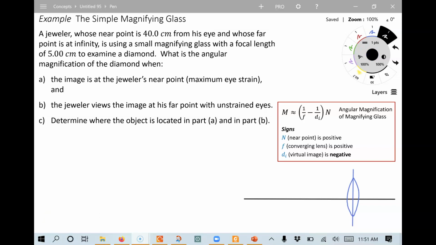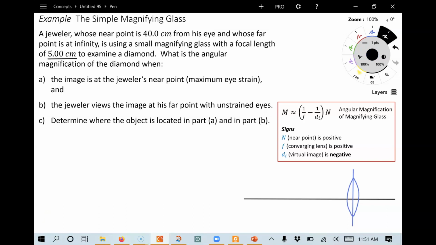So we've got a 5 centimeter focal point, so maybe around here. And that's going to give us a focal length here from the edge of the lens. So we can write this as our focal point F, and our focal length, little f, is going to be 5 centimeters.